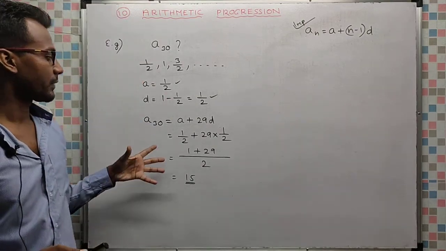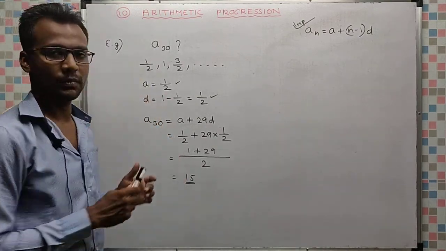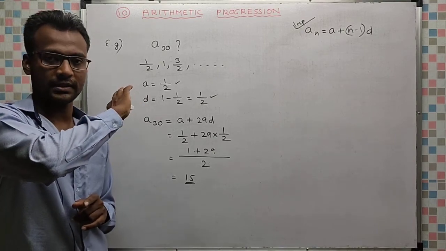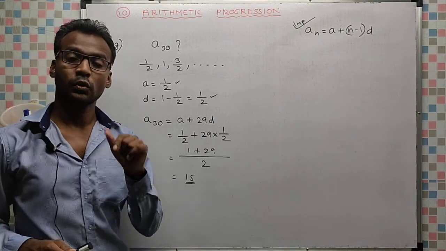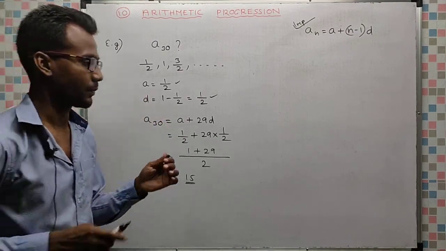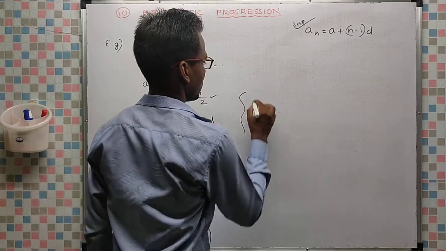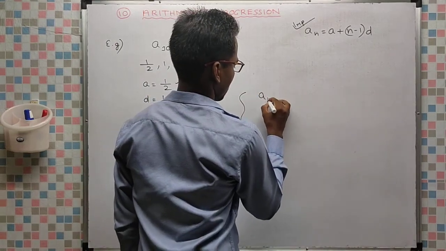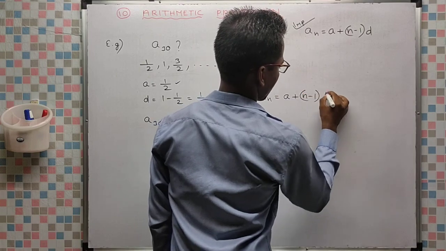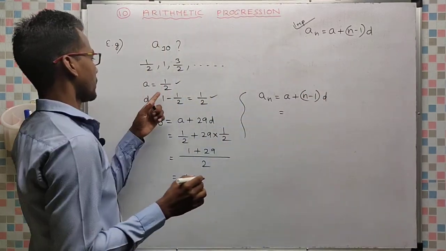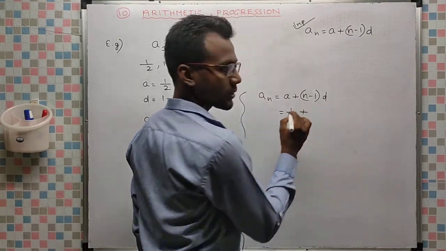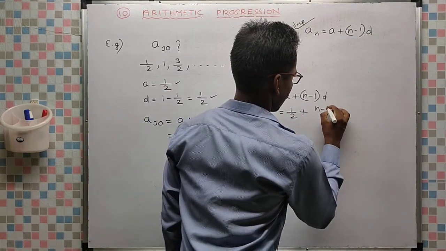We can find the general formula for this AP also, if you want. For the previous example, the formula was 2p plus 3. We can find a formula for this AP also, if we want. An is equal to a plus n minus 1 d. What is a? 1 by 2 plus d, also 1 by 2, into n minus 1.